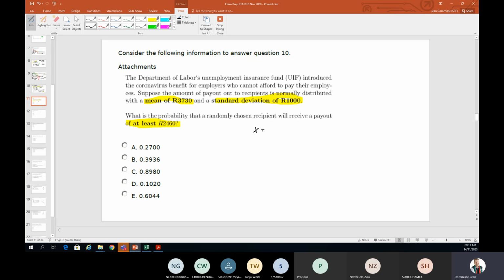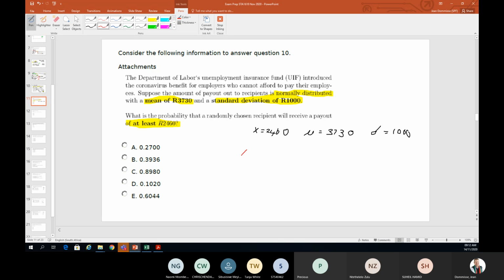So X is 2460, the mean is equal to 3730, and the standard deviation is 1000, that's a big standard deviation. It is normally distributed, so we know that it is the population that we are working with.